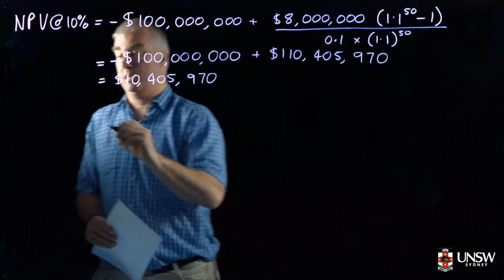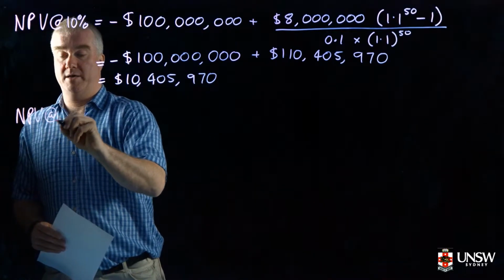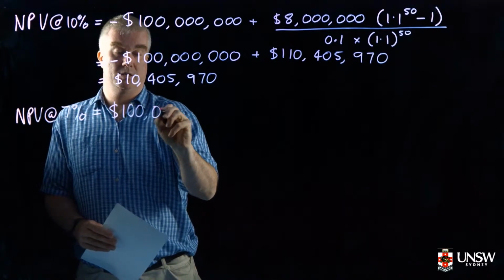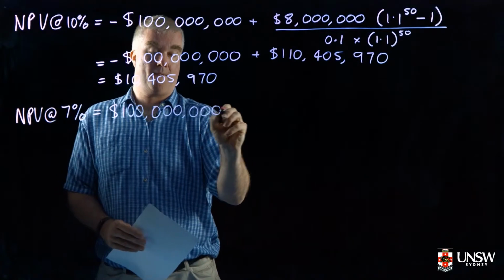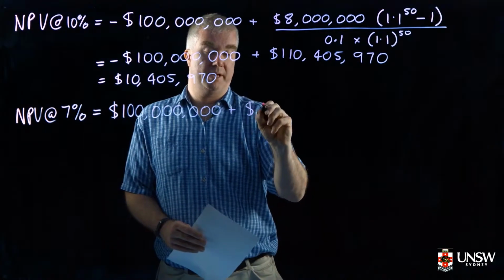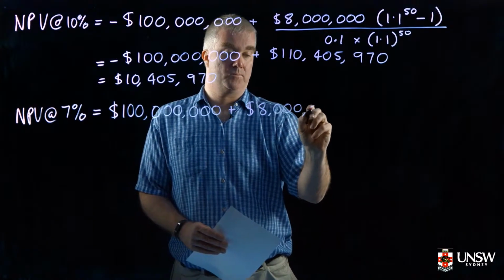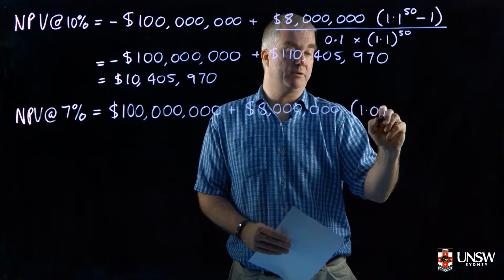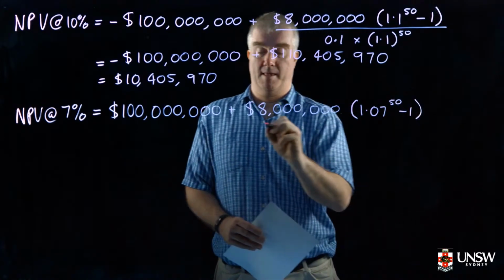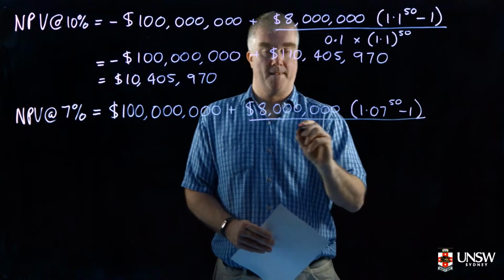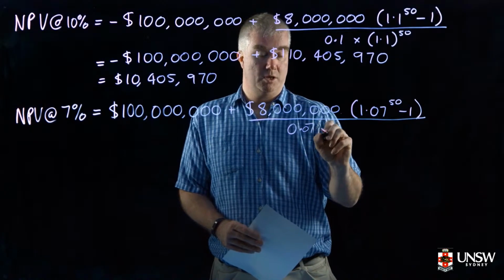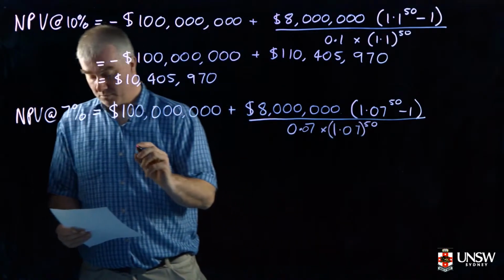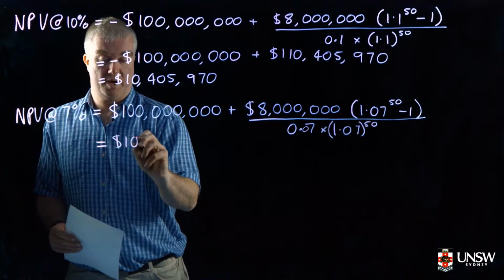Let's try 7%. So the net present value at 7% is equal to, once again, our $100 million construction cost plus our $8 million benefits per year, but this time we multiply by 1.07 to the power of 50 minus 1 and divide by 0.07 times 1.07 to the power of 50, which gives us our minus $100 million.